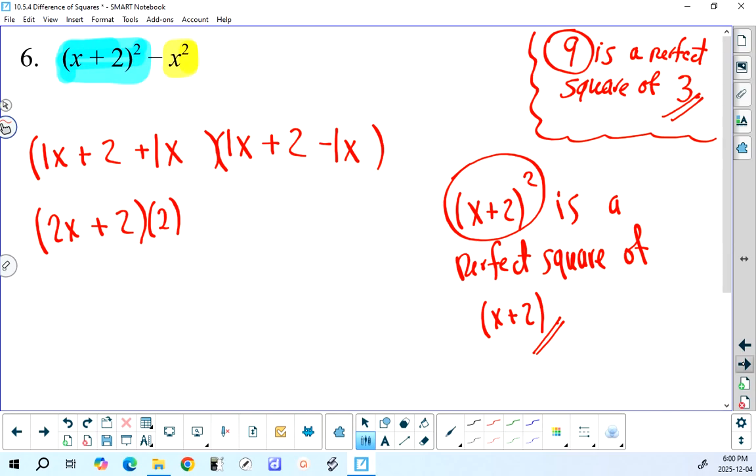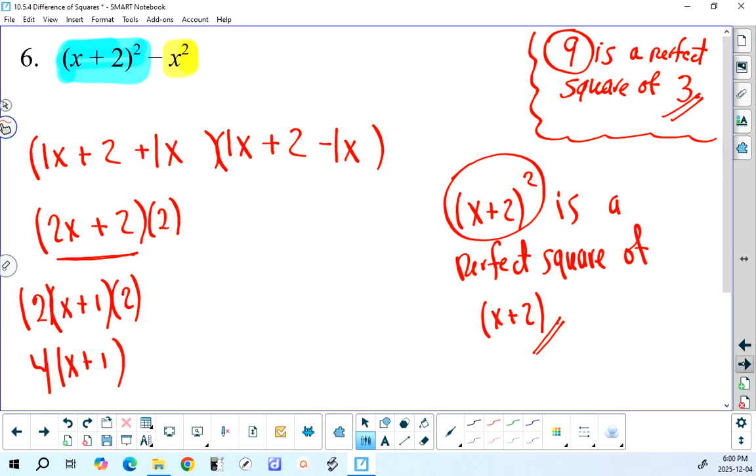We're asked to factor completely, so when I look at this binomial, there is a common factor of 2 that I can factor out and be left with x plus 1. I still have this other 2 hanging around in the back there, and now I can multiply these two 2's together and just write 4 times x plus 1. So that's the answer.